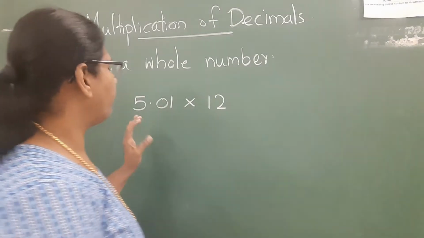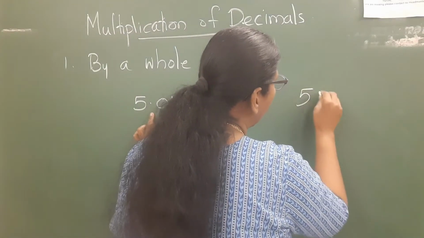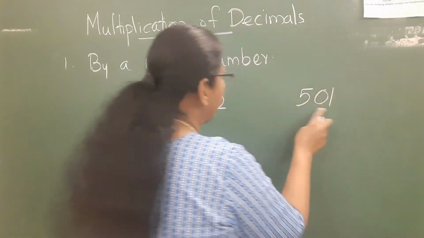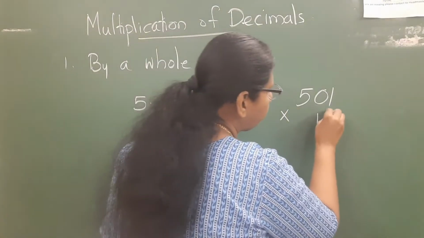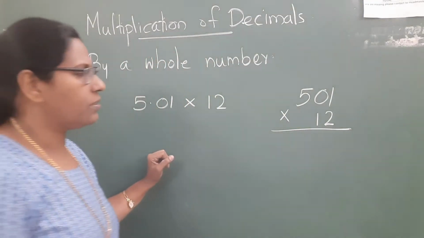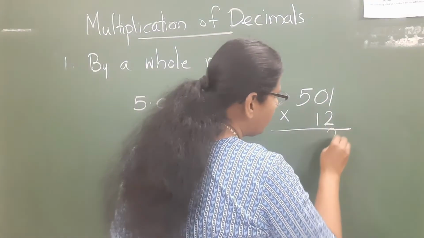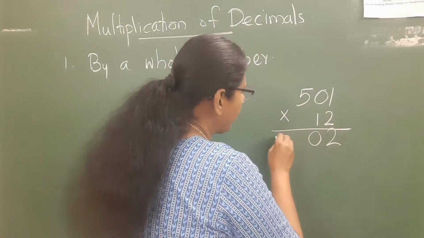Okay, let's do it. So we are going to ignore the decimal. So we will write 501, that is 501 into 12. We will do multiplication. 2 ones are 2, 2 zeros are 0, 2 fives are 10.